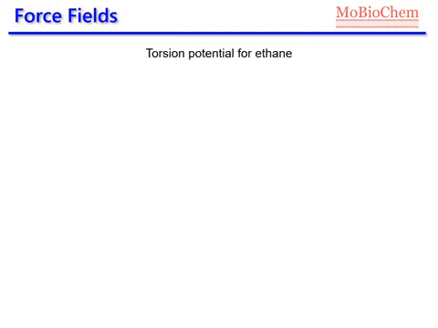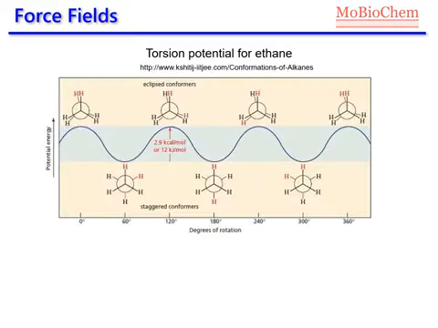For example, let's have a look in detail at the potential of the ethane molecule. As you probably know, the ethane molecule has 3 potential energy minima with respect to the torsion of one of the methyl groups with respect to the other methyl group.